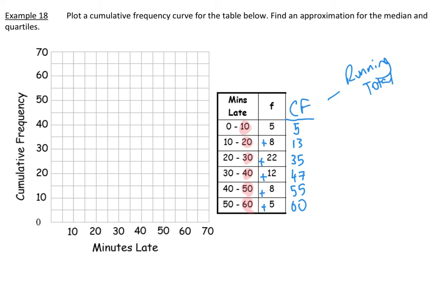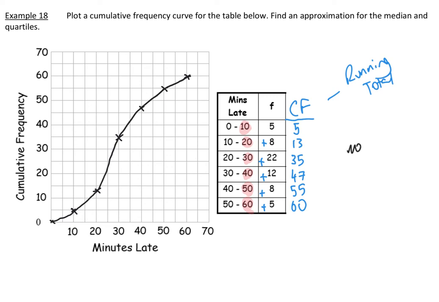So we plot the upper boundary of 10 minutes late with a cumulative frequency of 5, 20 with 13, 30 with 35, 40 with 47, 50 with 55, and 60 with 60. Then we go through the origin and join a smooth curve through all of those points.